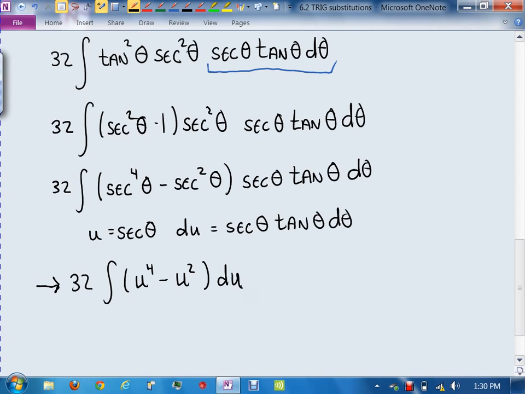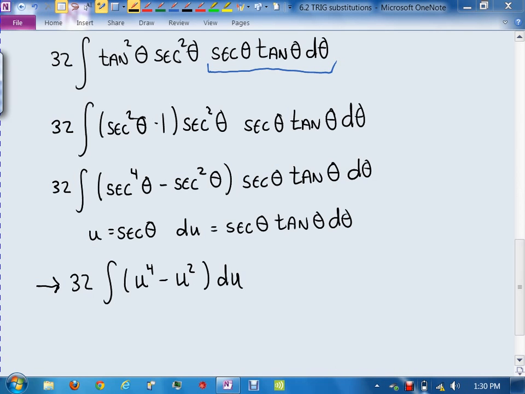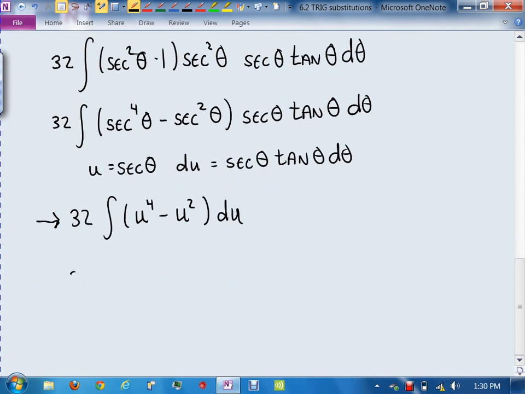Do you agree? Antiderivative now? So 32 times, let's see, 1/5 u to the fifth minus 1/3 u to the third plus some constant.